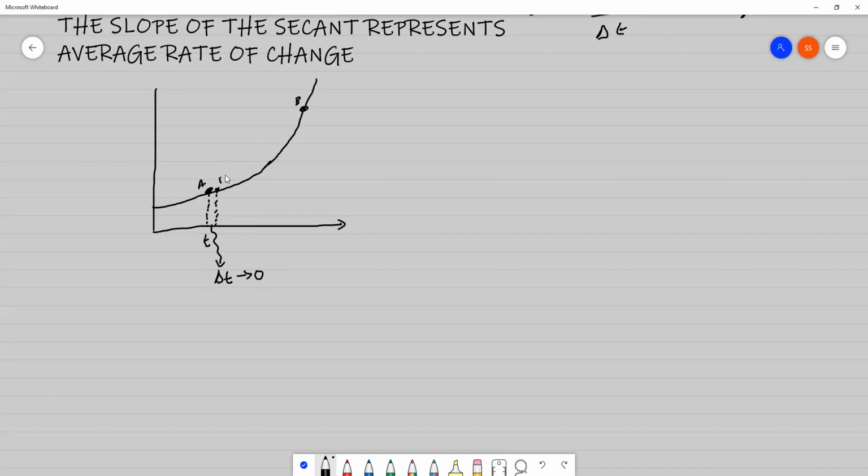Now, if I bring B here and connect this line, you see it almost touches only one point. If you extend this one, this is going to be theta.